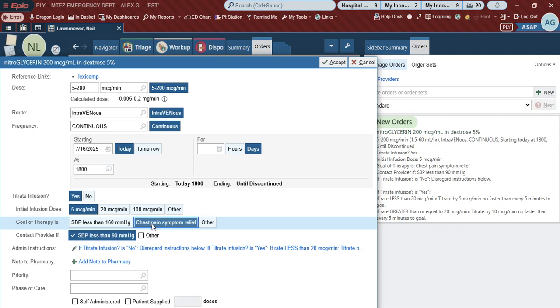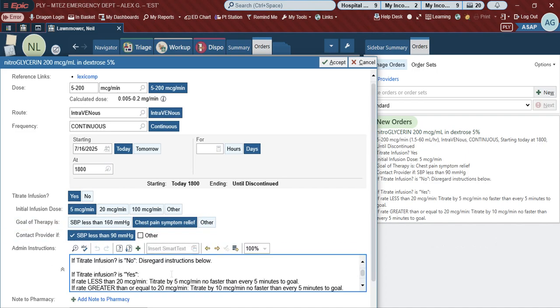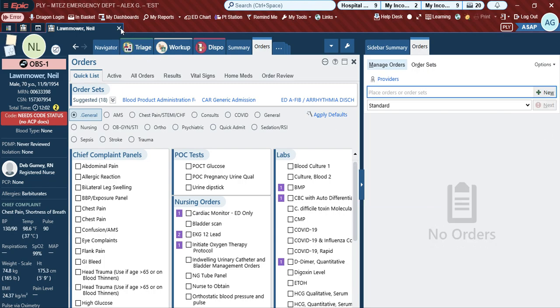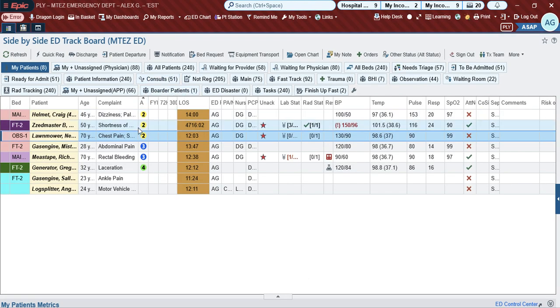You'll start low, keep titrating up, at least until the pressure is under control or until the chest pain is relieved. And again, all of these instructions auto-populate if you use the orders properly. So that would be what it looks like to start this patient on a nitro drip and a heparin drip. And of course, I would sign the orders and speak with the hospitalist to get them admitted.